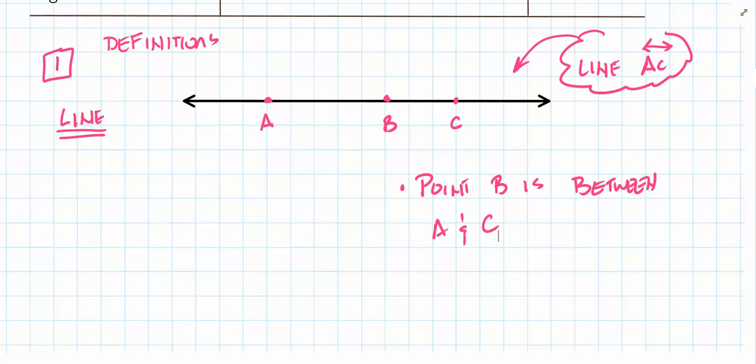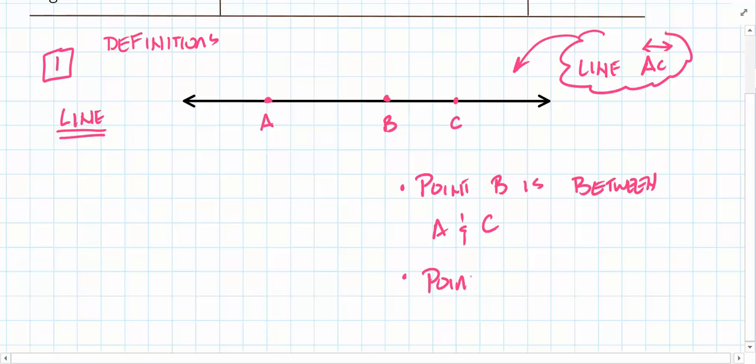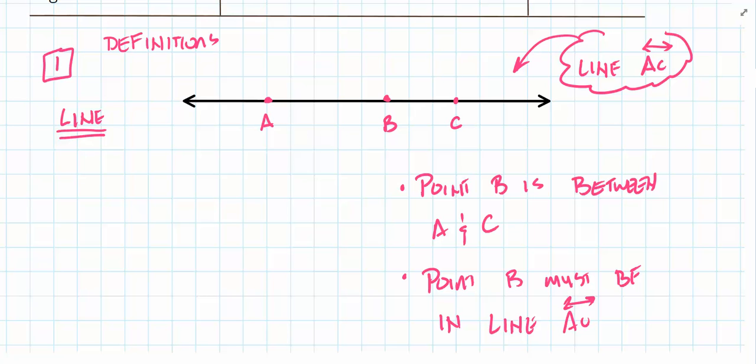So therefore, point B must be in line AC. If I have A, B, and C, and I know this is line AC, and I know that point B is between A and C, then therefore I could definitely say point B is in line AC.